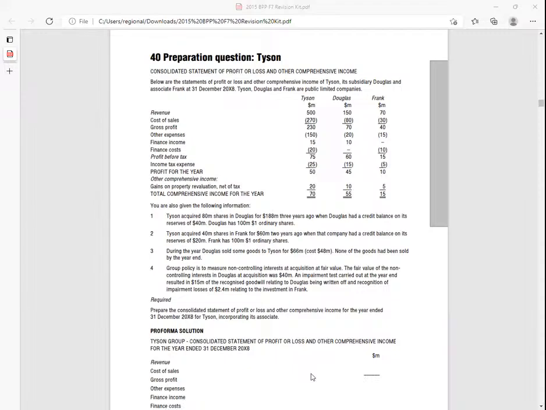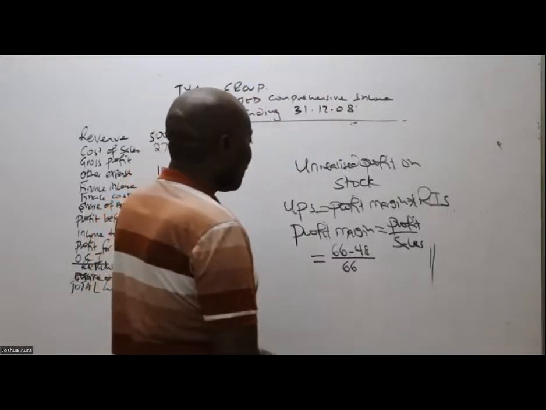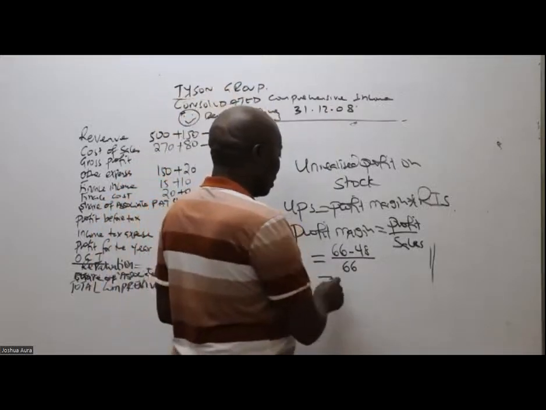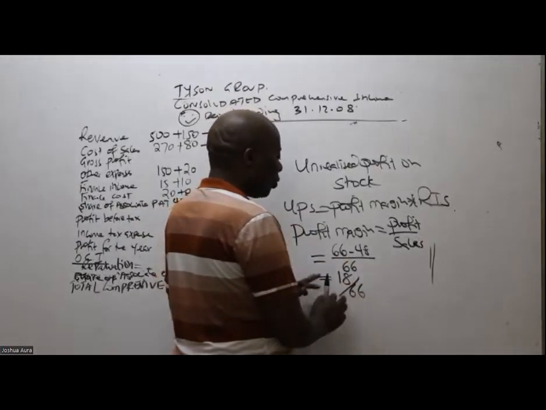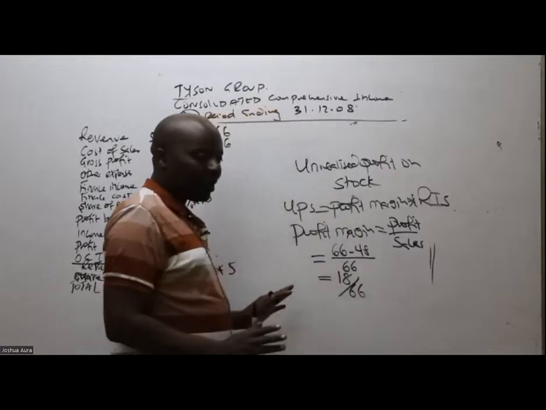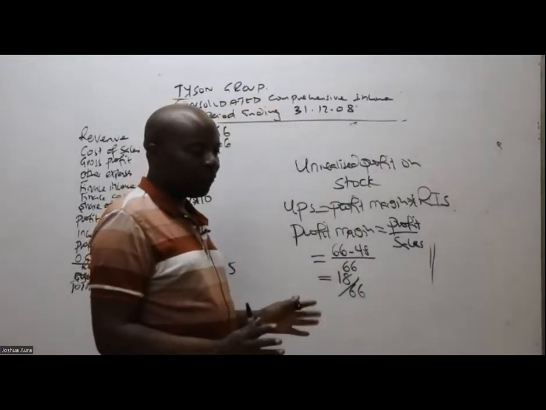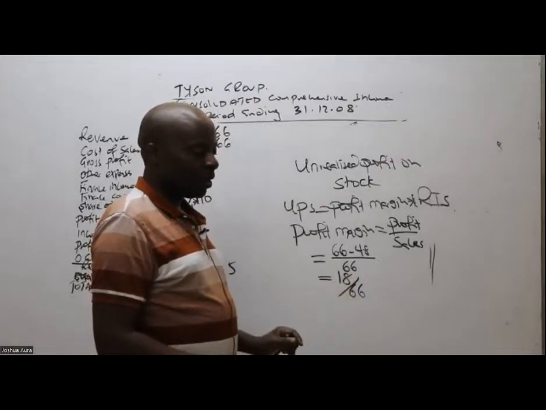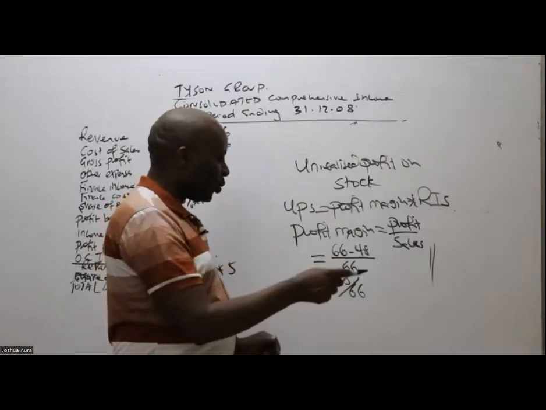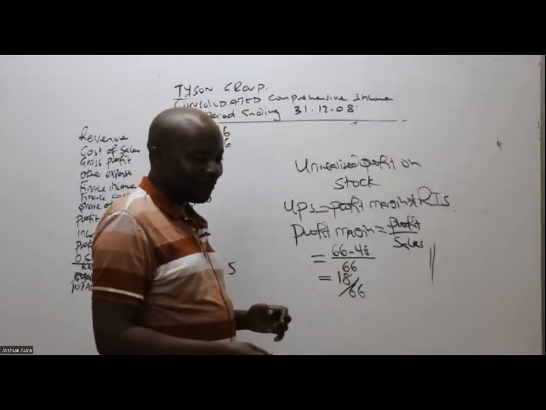So this figure, 66 minus 48, is it 18? 18 over 66. I would not want to put it in decimals because I lose some decimals. I would want to leave it like this, 18 over 66. If you wish, you can cancel by 2, but that doesn't really make sense at this level.